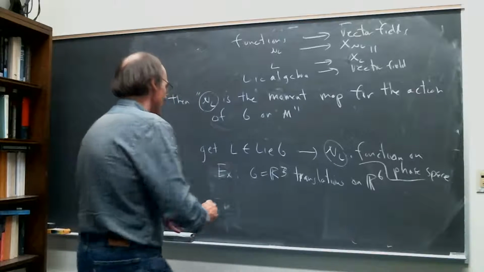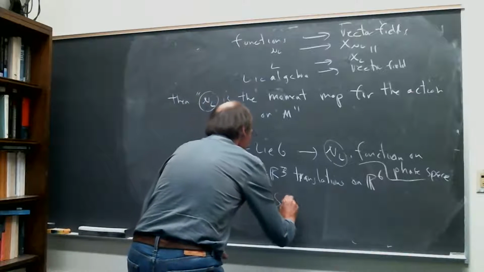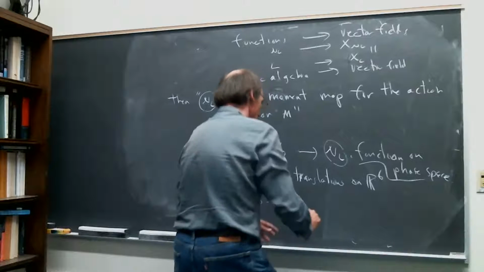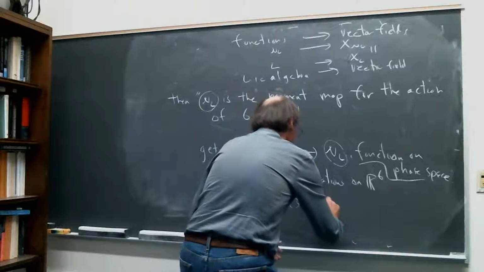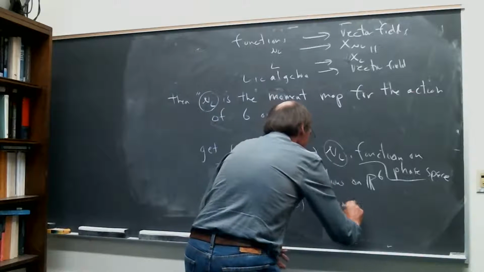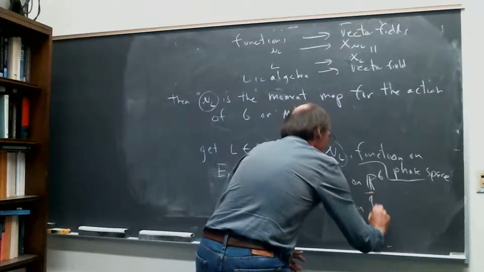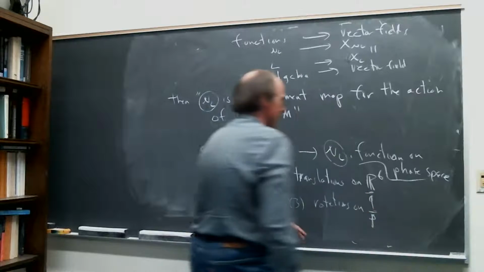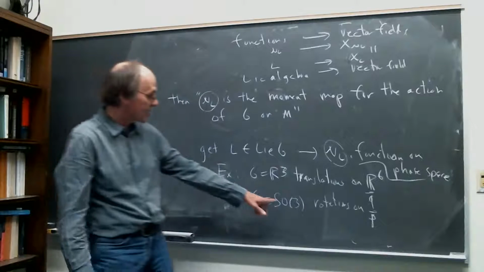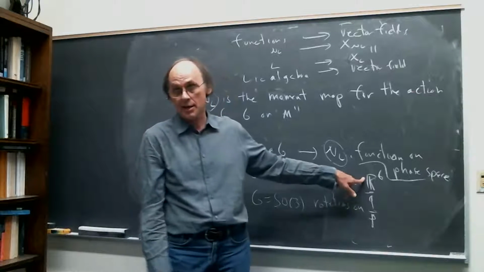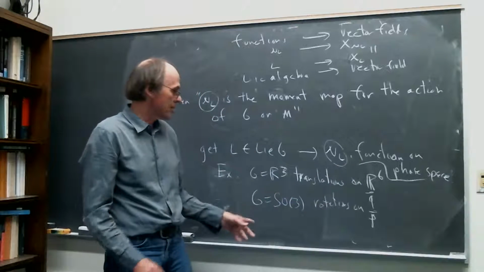And then the other example is G equal to SO(3), rotations. If you rotate the q vector and p vector in the same way, you're going to get an action of SO(3) on R^6. And you can ask what's the moment map.